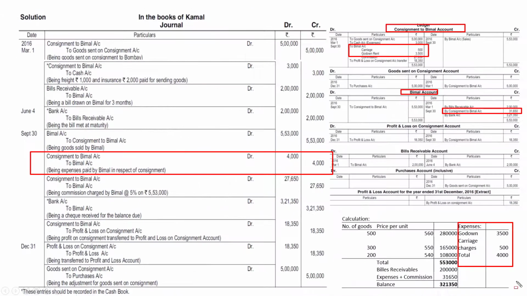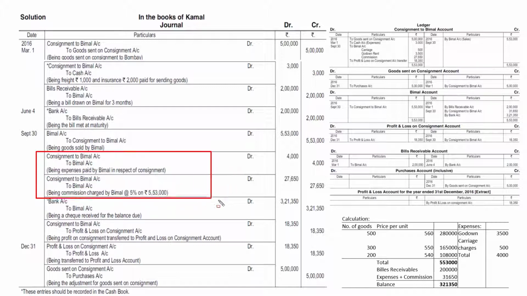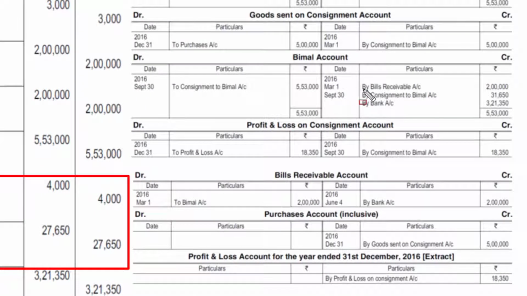Actually this is the sum of two transactions: one is consignment to Bimol account 4,000, and the other is another consignment to Bimol account 27,650, which is the commission that will be received by Bimol at the end of the consignment, that is 5% of 5,53,000, that is 27,650 rupees plus 4,000 rupees will be equal to 31,650 rupees, sorry. So this is the calculation.